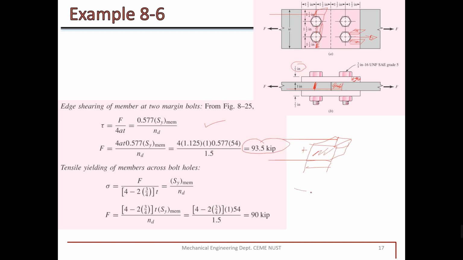So it is this cross-section minus this area, these being 2 bolts, and this is the whole cross-section, which is the thickness of the plate, 1 inch, and 4 minus 2 times the diameter gives you this cross-section area, divided by the factor of safety. Again, if you calculate at 90 kip, there is a possibility that this cross-section, this gray plate, will fail due to axial loading.